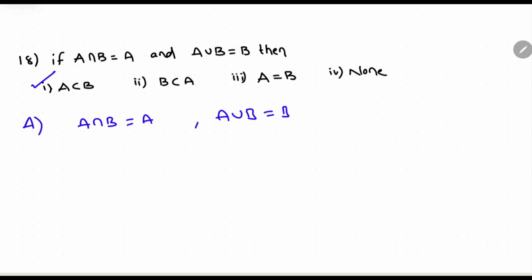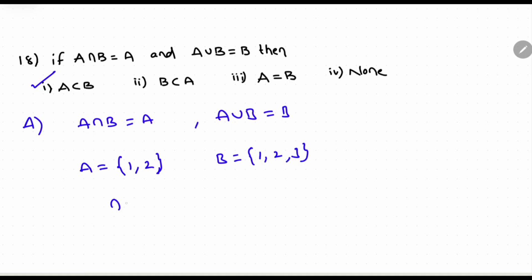If I take any example, I am taking A equals 1, 2 and B as 1, 2, 3.